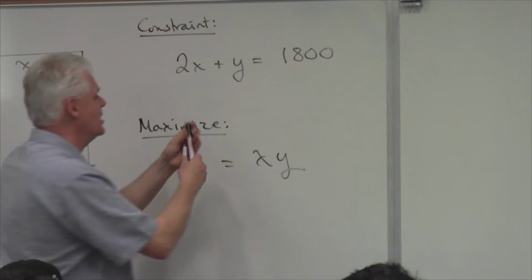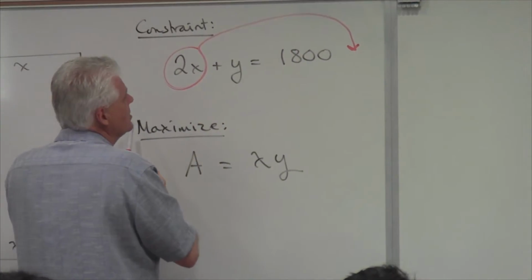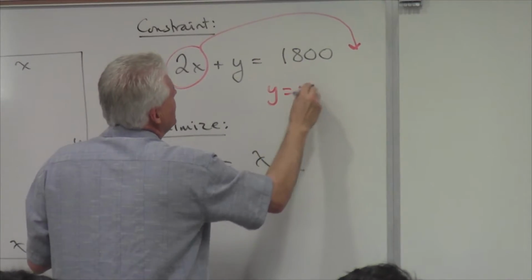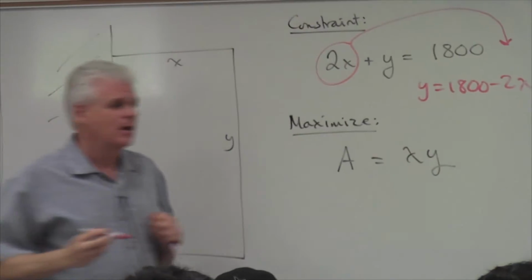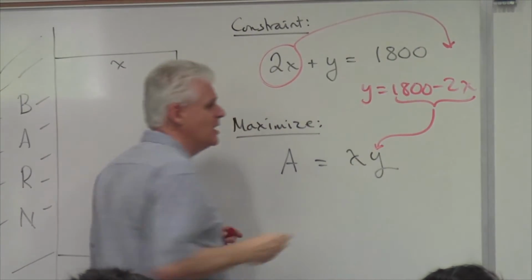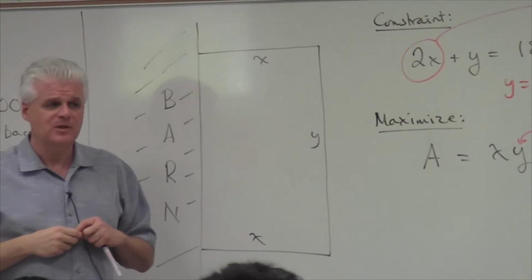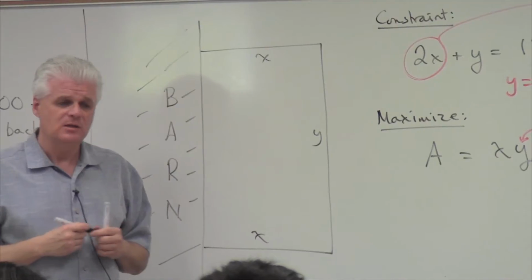We can easily take the 2x to the other side and write this as y equals 1800 minus 2x. And that means anywhere I see a y, I can replace it by 1800 minus 2x in this problem, because they're the same thing. And that's just coming from the constraint.